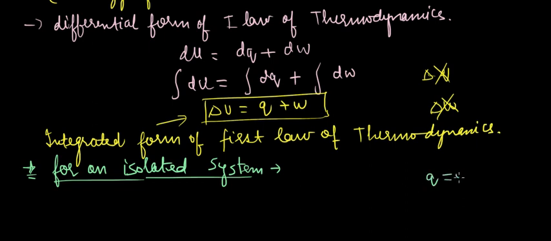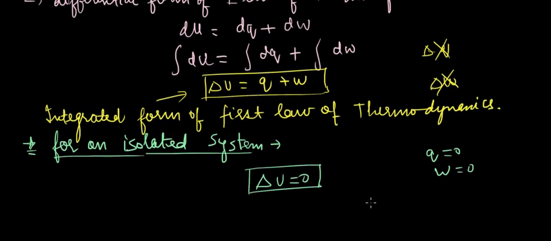So we can write that Q and W both will be zero, and if Q and W both are zero, then delta U would also be equal to 0, as delta U is equal to Q plus W. So we can also write that if delta U is 0, then the kinetic energy and potential energy, which is nothing but the total internal energy, would be constant.